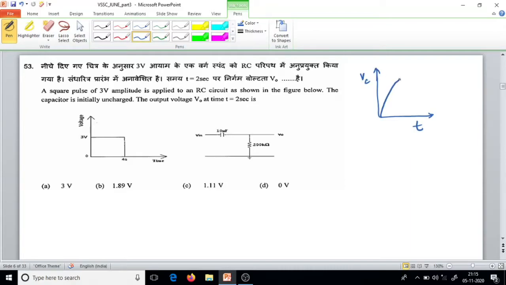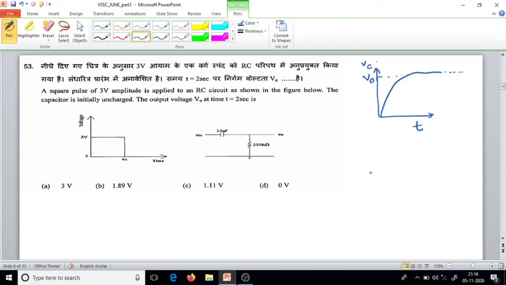The voltage rises exponentially, and it will take infinite time to reach the maximum value. This maximum value will be V naught, which is equal to the applied voltage. This is the capacitor charging.